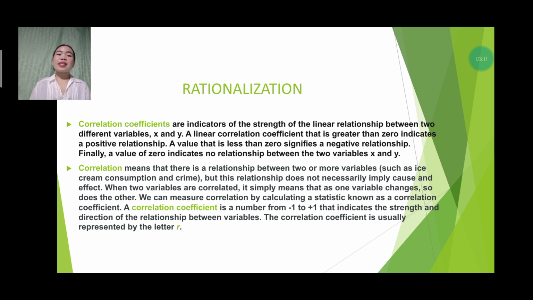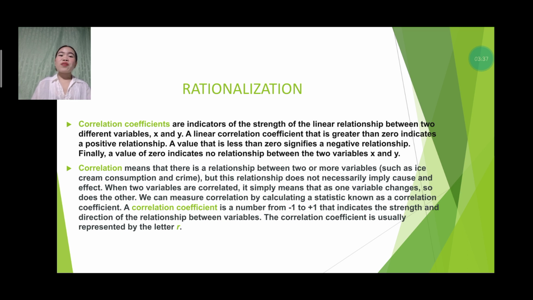Correlation means that there is a relationship between two or more variables, such as ice cream consumption and crime. But this relationship does not necessarily imply cause and effect. When two variables are correlated, it simply means that as one variable changes, so does the other. We can measure correlation by calculating a statistic known as the correlation coefficient.